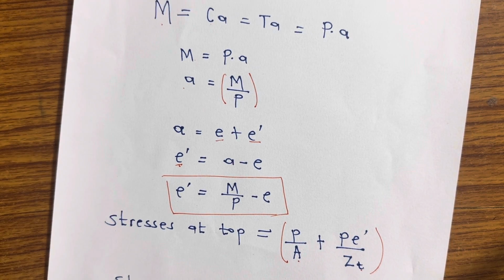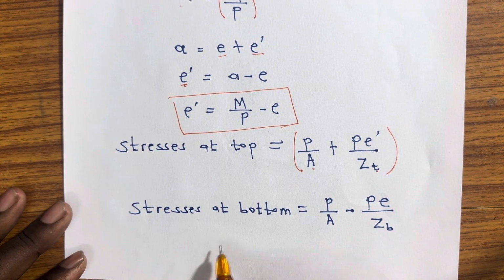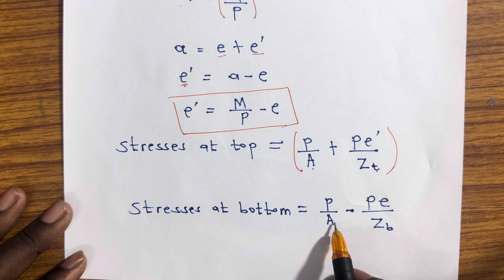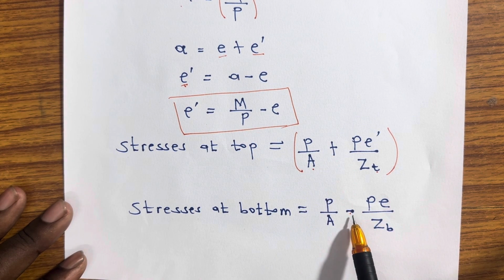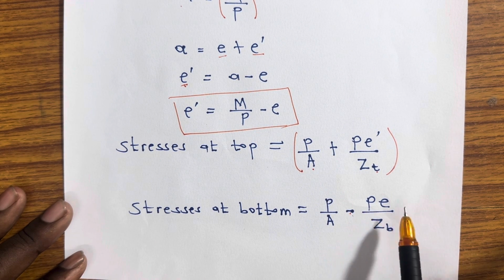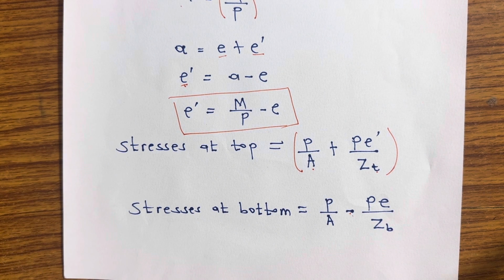At the bottom, we have the same P by A, and then here it is minus. Remember, at the top is plus, then at the bottom is minus. So P e by Z_B. This is how we end up calculating the stresses at the bottom.